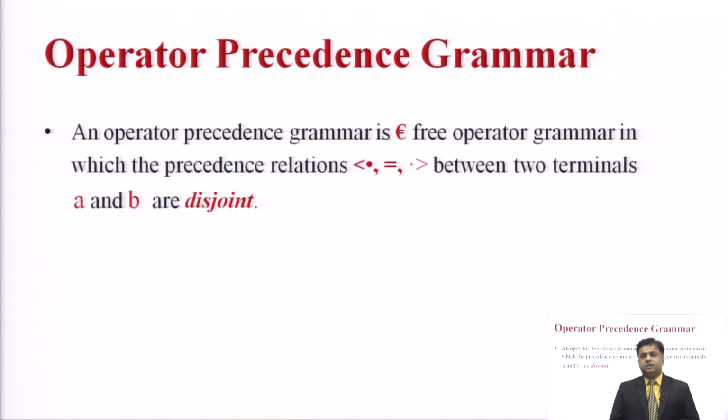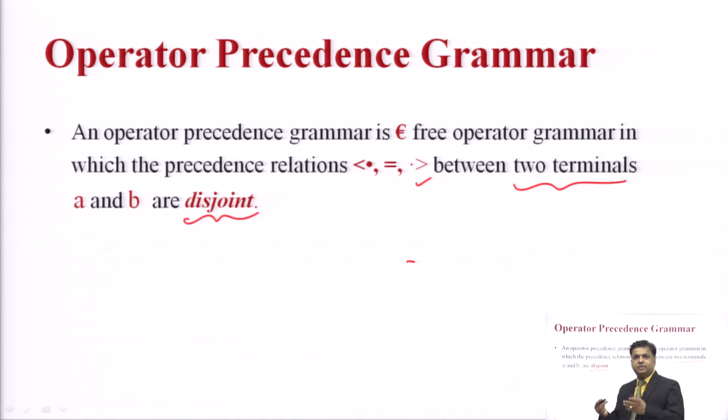Next we come to the concept of the operator precedence grammar. Operator precedence grammar is a grammar that is an epsilon free grammar, in which the precedence relations, either less than, equals to, or greater than, between two terminal symbols A and B are disjoint.